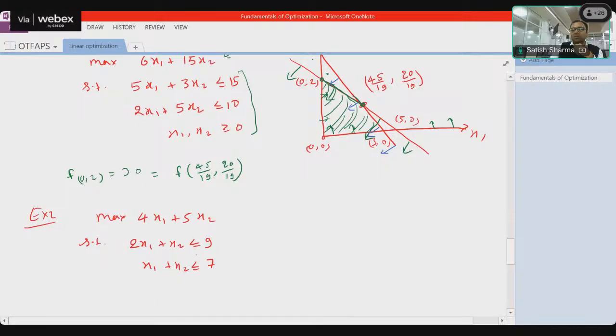And both x1 and x2 are positive, so I'm assuming that condition is there.